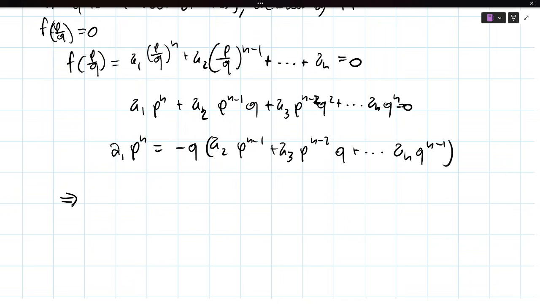Now this statement is crucial because it implies that q divides p to the n.